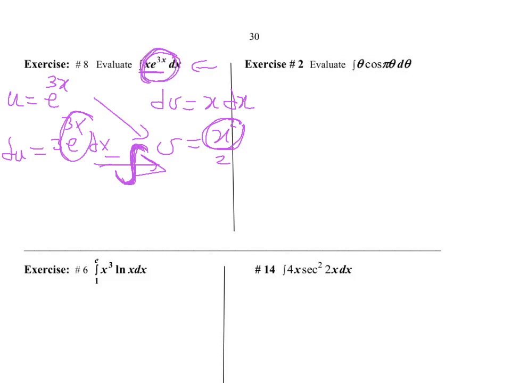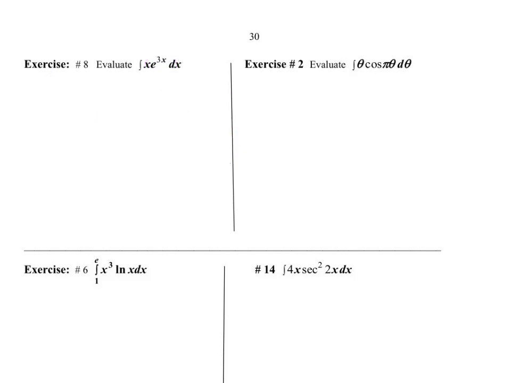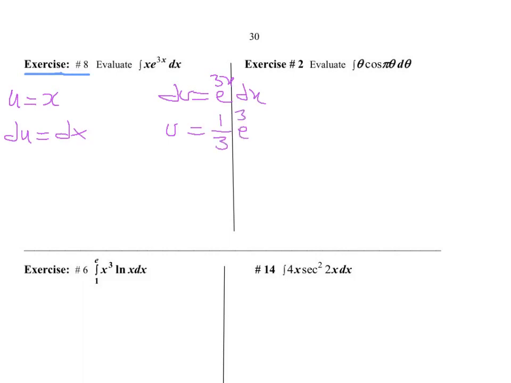So let us see the right choice here, the correct one. So now let us repeat this exercise, but using the correct choice for u. So u has to be taken as x, and dv has to be taken as e^3x dx. So du is 1 dx, and v is equal one third e^3x.